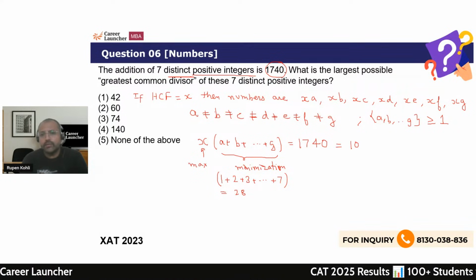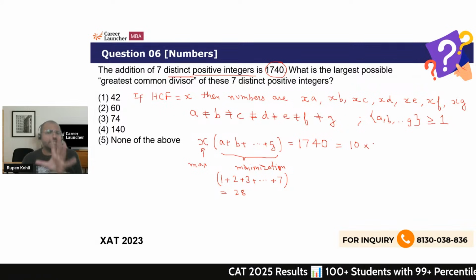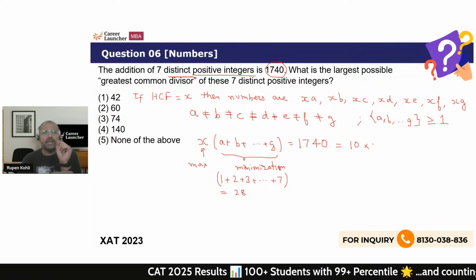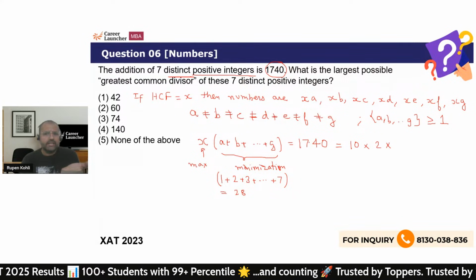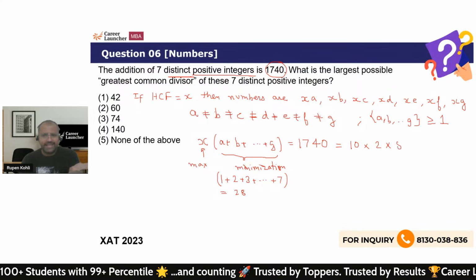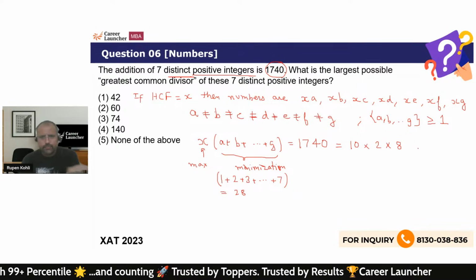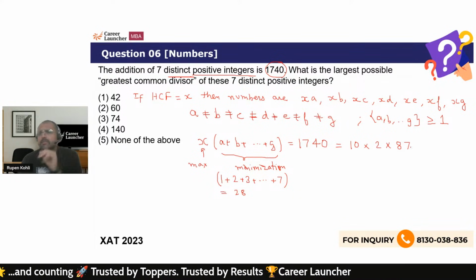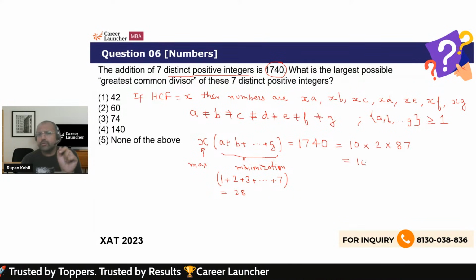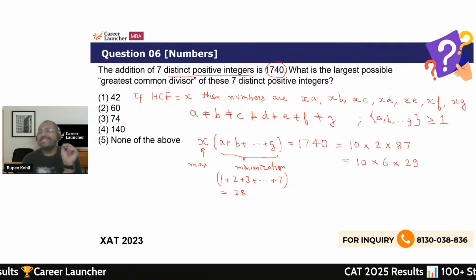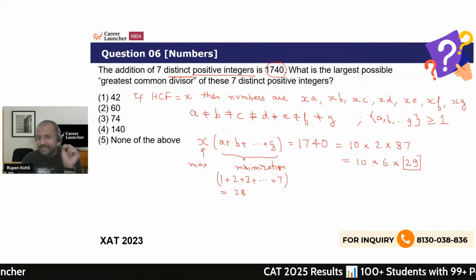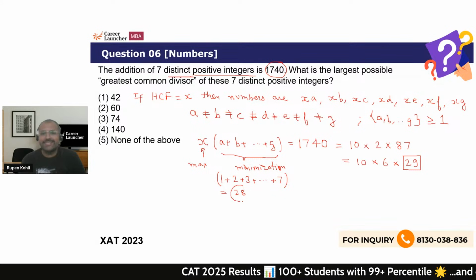This is 10 into 174. 174 is divisible by 2, so 2 into 87, and 87 is divisible by 3. So this is 10 into 2 into 3, which is 6, and then there is 29, which is more than 28.